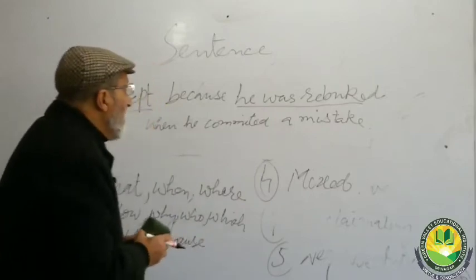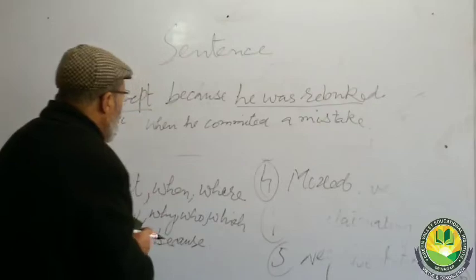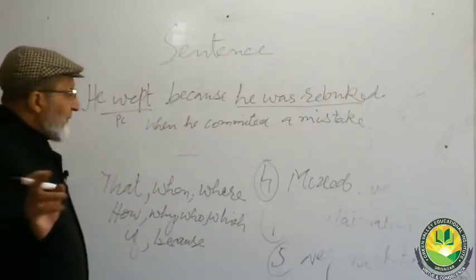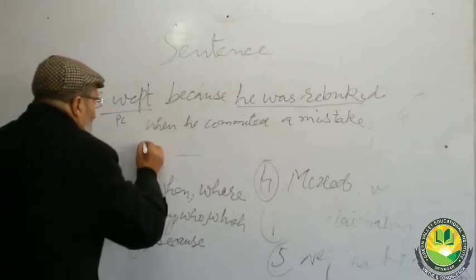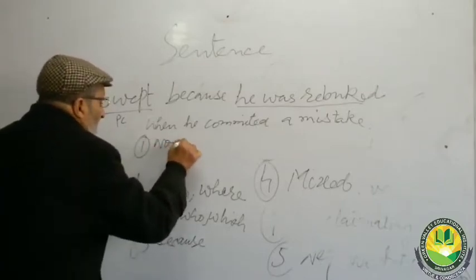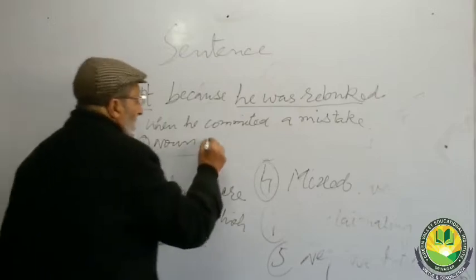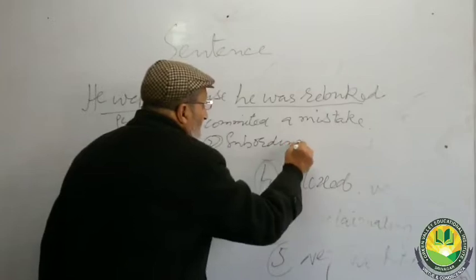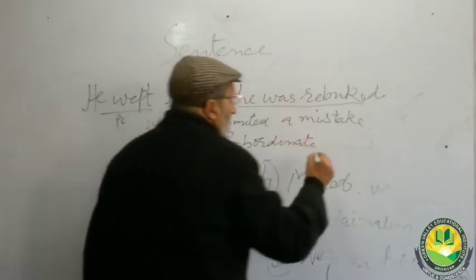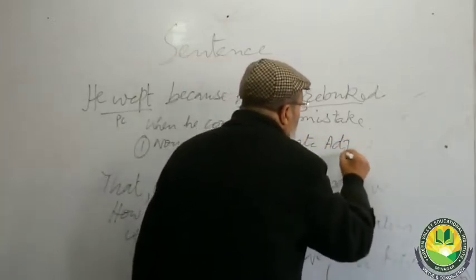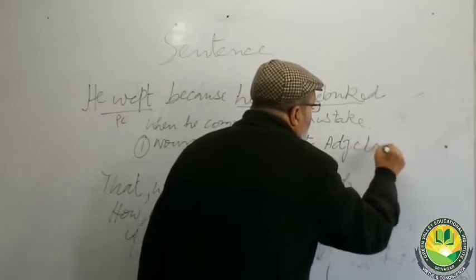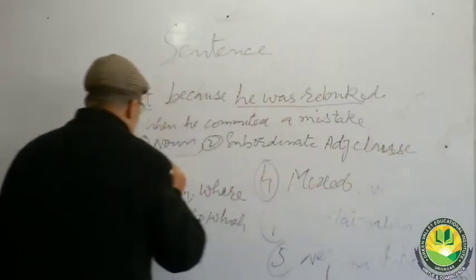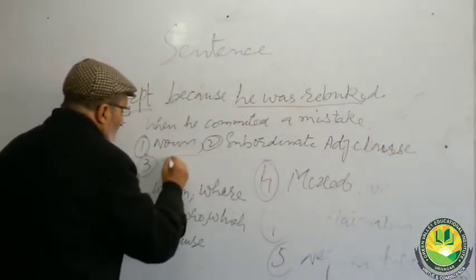Now let us take up these subordinate clauses again. Subordinate clauses can be of three types. Number 1, noun clause, subordinate noun clause. Number 2, subordinate adjective clause. And number 3, adverbial clause.